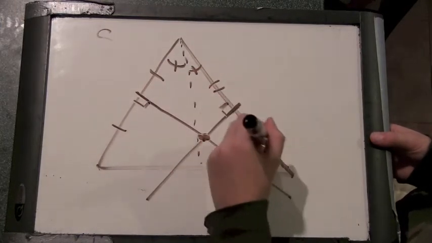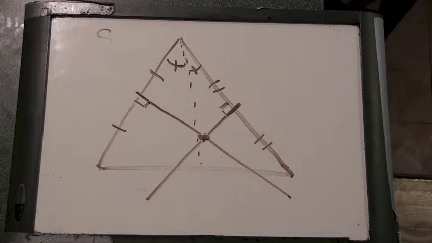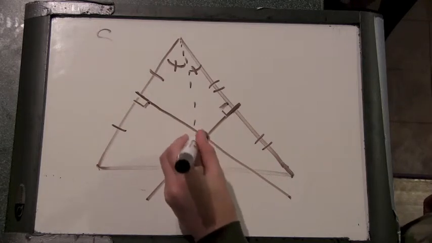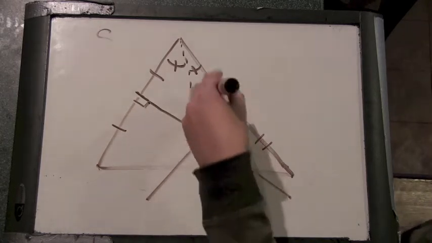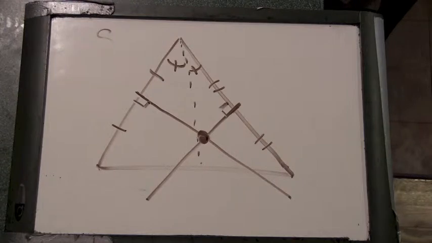So why is labeling those sides like that important? Well, that's what perpendicular bisectors do. They come down at the midpoint and chop it into two equal line segments. Right, but that's true whether you label them or not. So why is it important to label that?